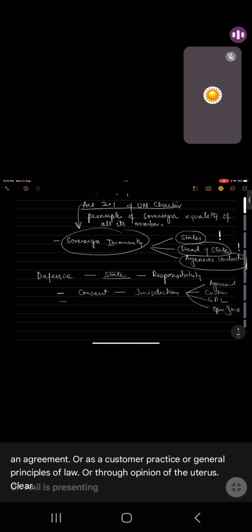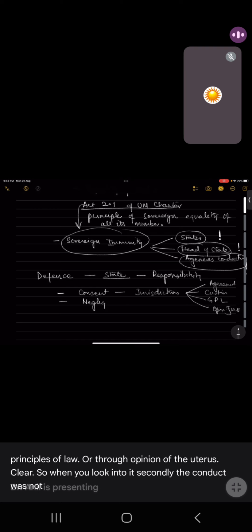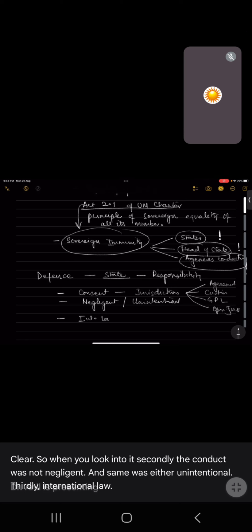Clear? So when you look into it, secondly, the conduct was not negligent and was unintentional. Thirdly, international law is not applicable.